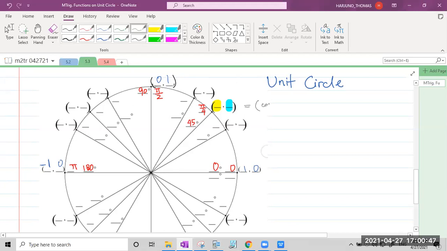That's cosine 45 degrees, sine 45 degrees, because it is on a unit circle, so x equals the cosine of that angle, and y is the sine of that angle. Now, what do you know about cosine 45 degrees? That is radical 2 over 2. Sine 45 degrees is also radical 2 over 2.